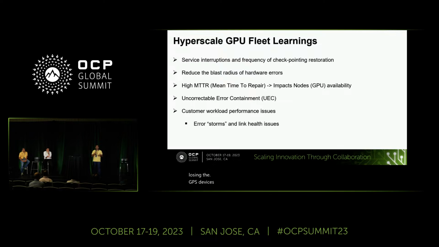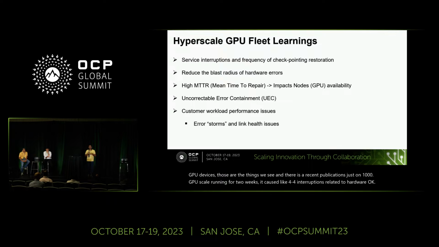Those are the things we see. A recent publication on a 1,000 GPU scale running for 2 weeks reported four interruptions related to hardware. Then at a scale of 30,000 GPUs or 16,000 GPU clusters, how many interruptions do you see?